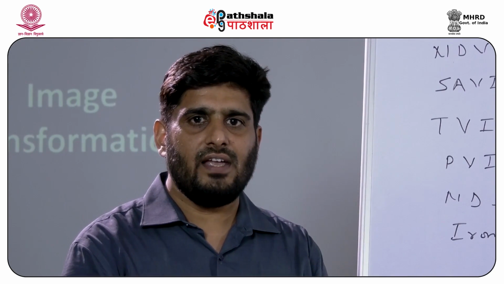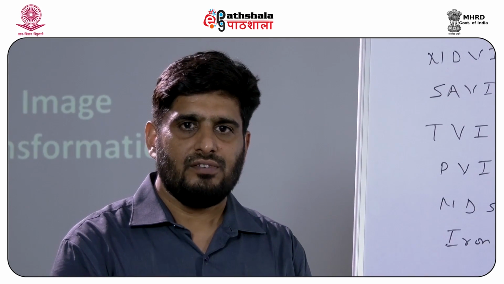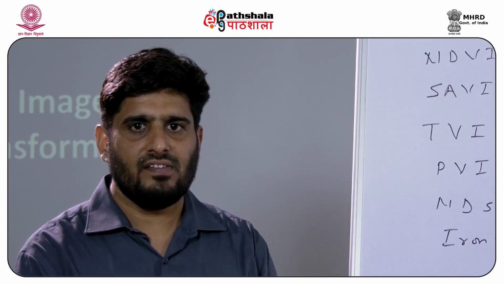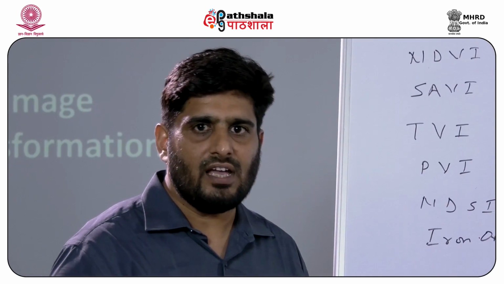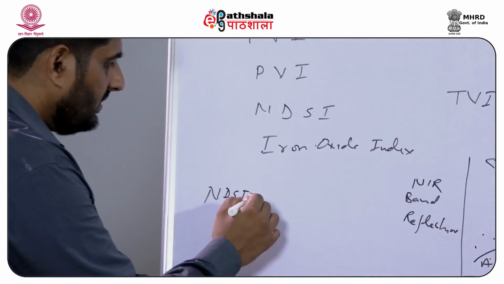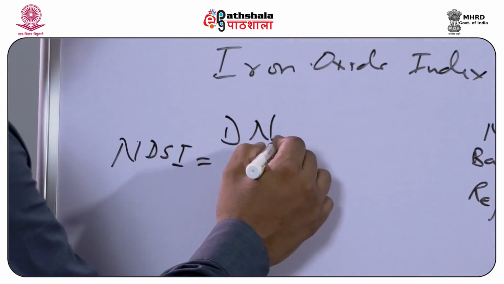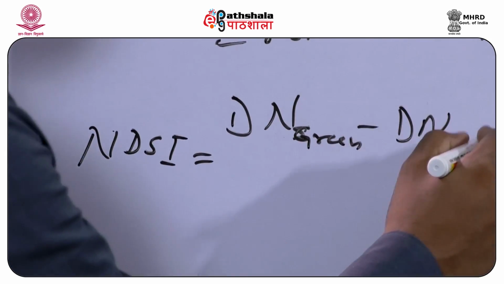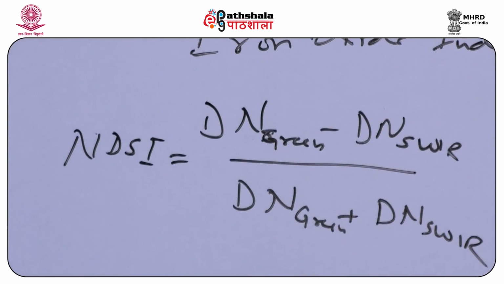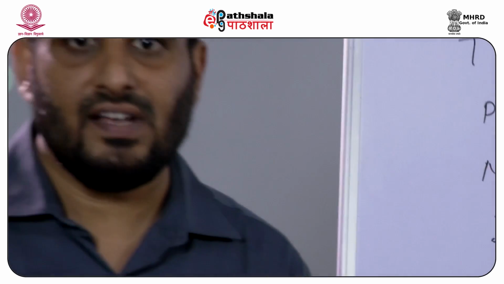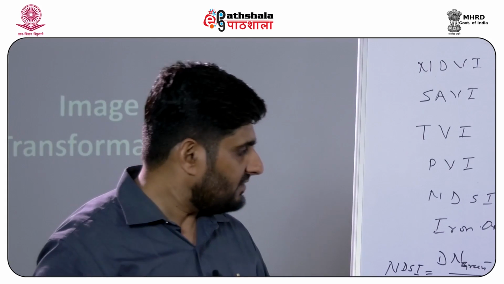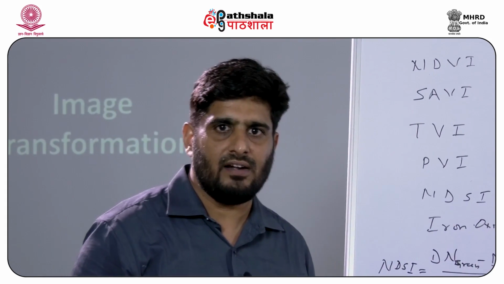So, in case of NDSI, we make use of the short wave infrared band as well as the green band, and we take the difference of these bands, and the formula can be written as NDSI equal to the ratio of difference and sum of the DN values obtained in the green band as well as in the short wave infrared band.